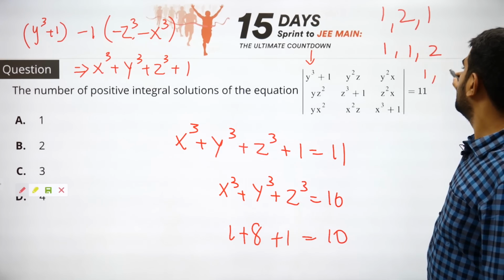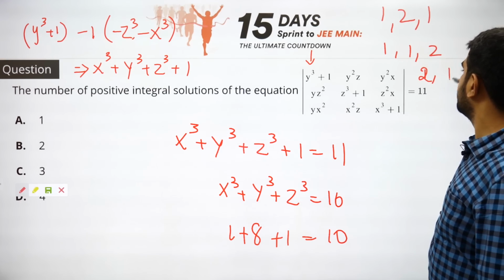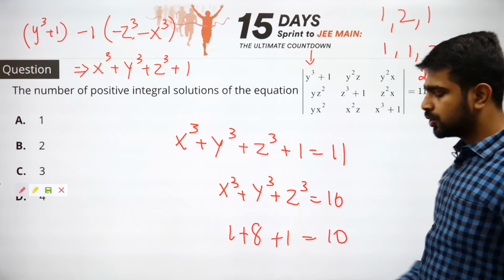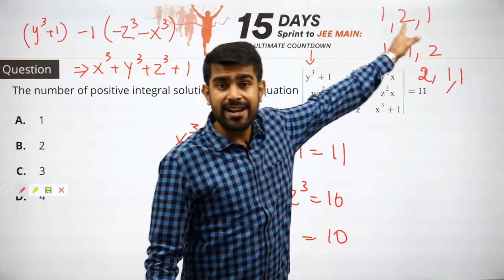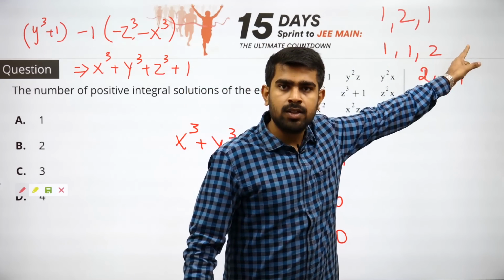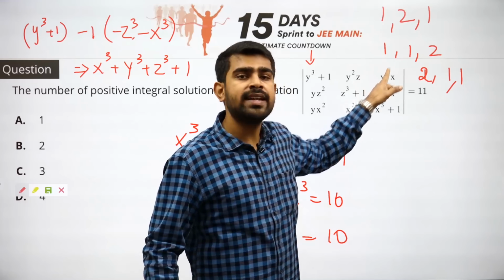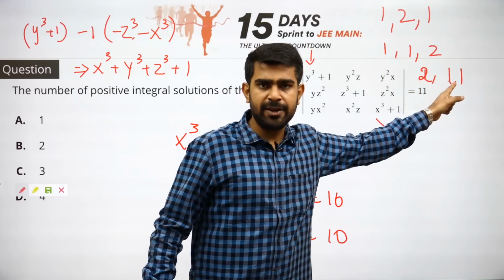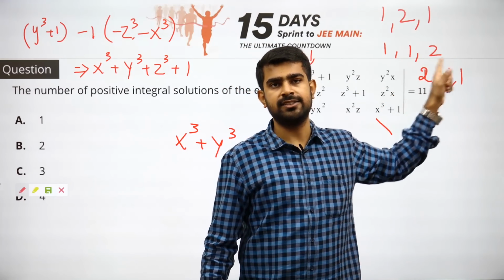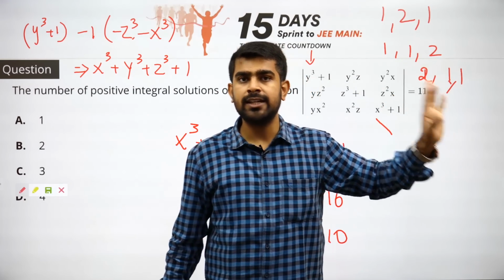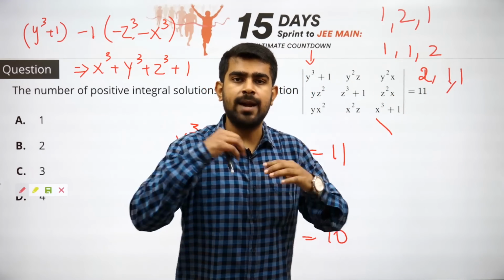Or it can be 2, 1, 1. So these are the three possibilities. That means x can be 1, y can be 2, z can be 1. Or x can be 1, y can be 1, z can be 2. Or x can be 2, y can be 1, z can be 1. Is that okay? That is exactly what I am trying to say.